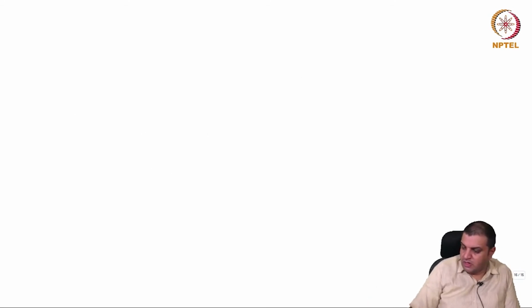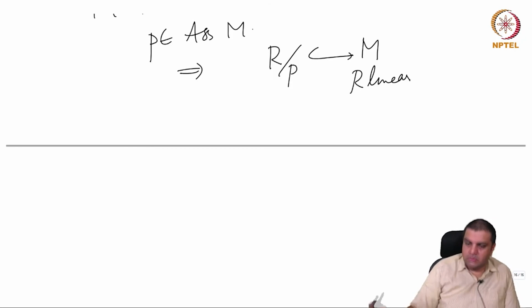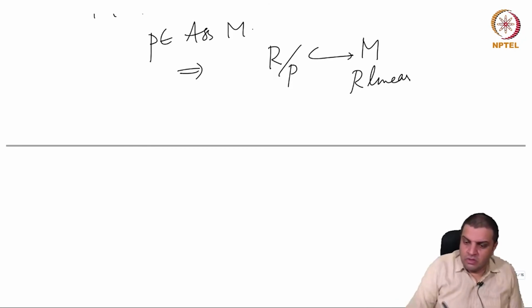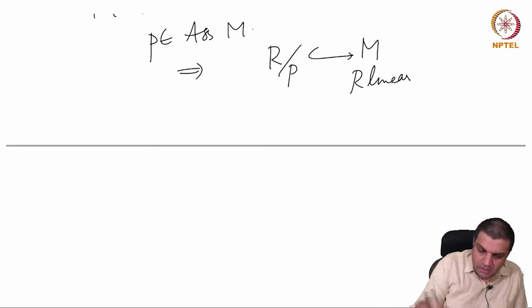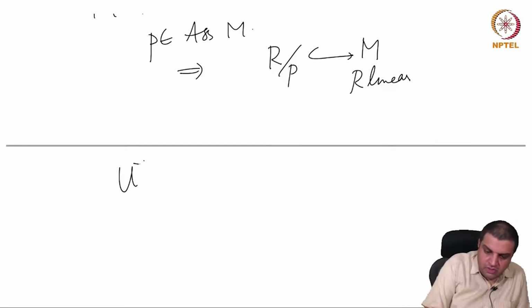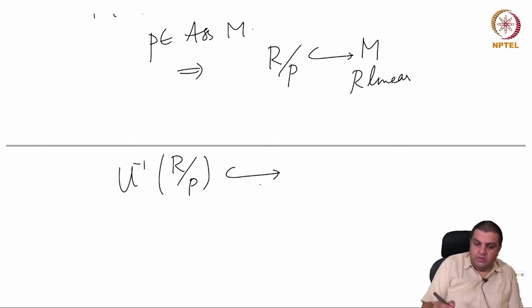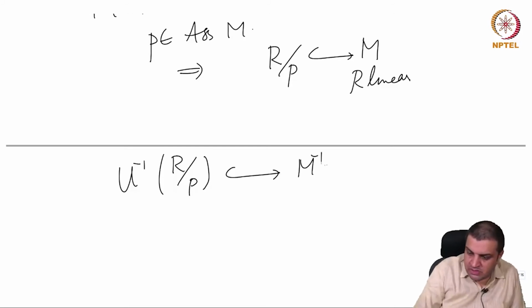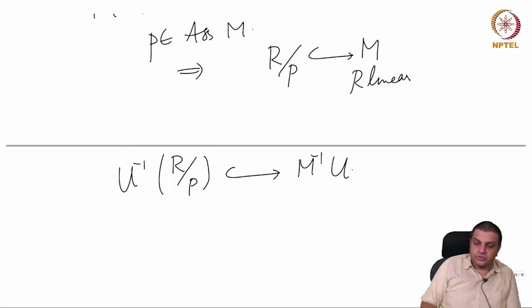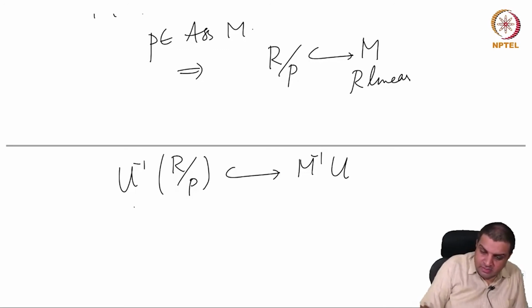Okay. Now, we could have just localized this whole map. This gives a map from U inverse of R over P, injects, okay, localizing preserves injectivity, to U inverse M. What is this?